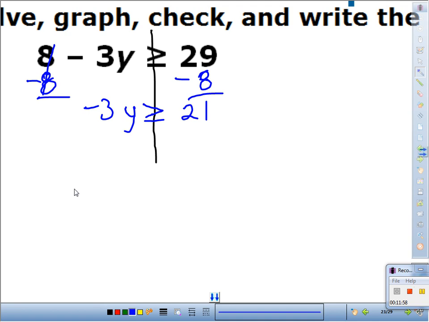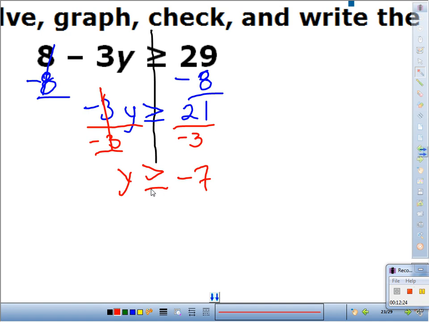Continue. Raymond, what do I do? Divide by negative 3, divide by negative 3. Tell me what to write, Raymond. What do I have left? Y is greater than or equal to negative 7. Hence, if you agree with that, it's close.